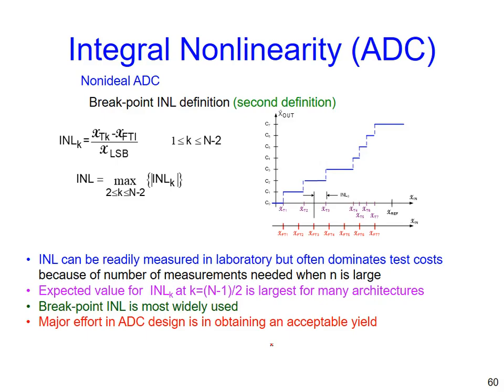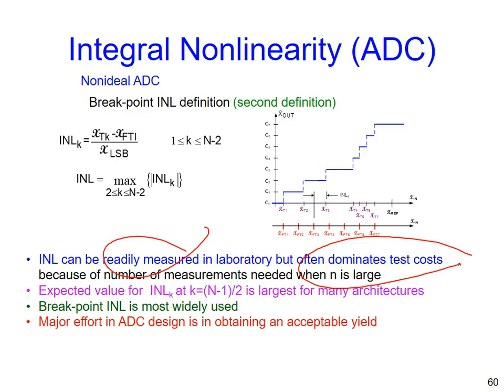If you have the real chip, then you can measure it. It is readily measured, right? But again, it dominates the cost. Why? It takes a lot of time. But time is money for IC testing. Okay?